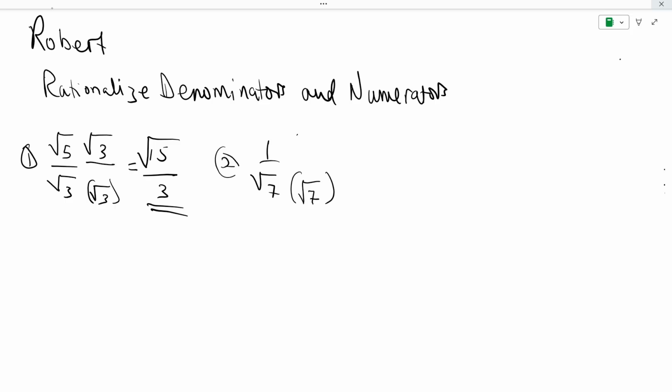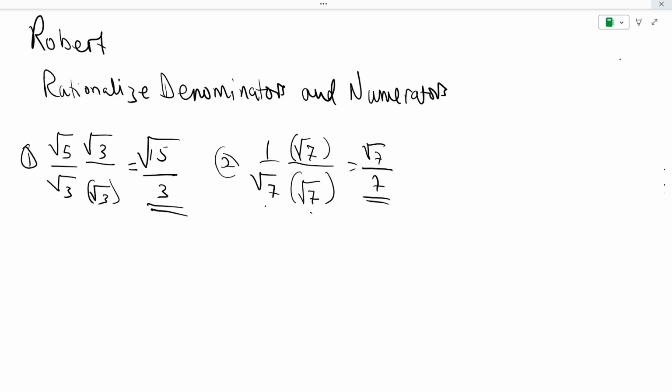And what you do to one part of a fraction, you must do to the other. So even at the top, we need to multiply by root 7. So this becomes root 7 multiplied by 1, which will leave us with root 7, divided by root 7 multiplied by root 7, which will give us 7. So we'll have rationalized the denominator.